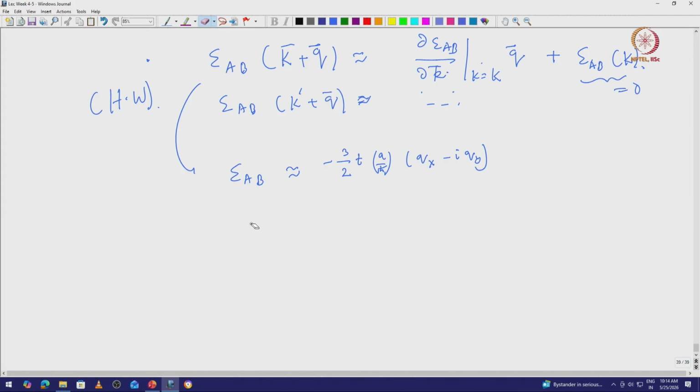Let me write it as vF times qx minus i qy, where vF is equal to 3t by 2 h bar a, which is of the order of 10 to the power 6 meters per second, about c by 300 of the speed of light.